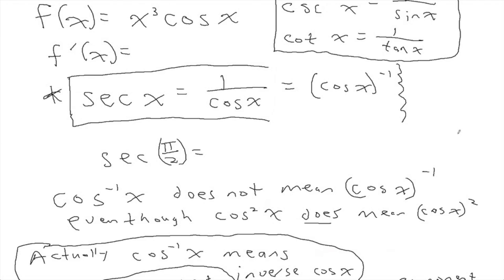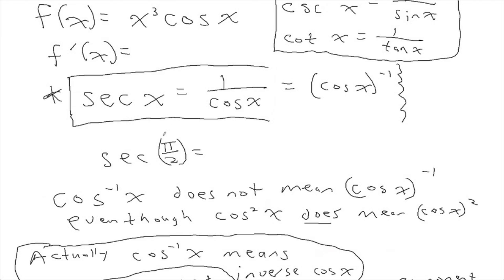Okay, so remember, before that long digression, we were trying to figure out the secant of pi over 2. So let's continue to try that. Oh, I might have messed up on that one. Forget that.